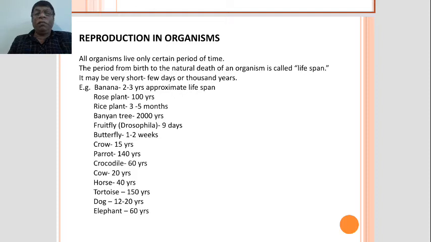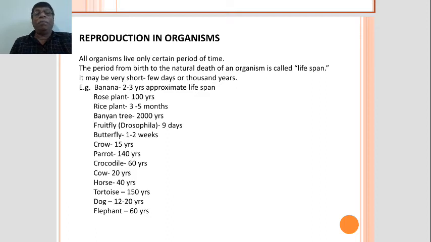If we examine different plants and animals, different plants means different species of plants and different species of animals, the lifespan is not similar.